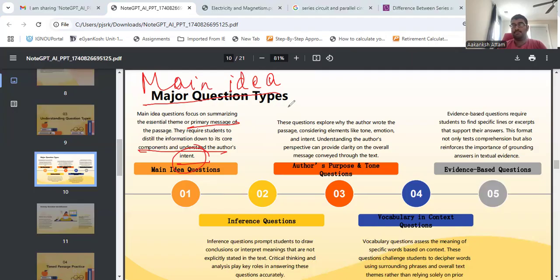Next, the type of questions you are going to encounter is author's purpose and tone questions. Let's say we take this sentence: market is volatile. While speaking, we can easily figure out the tone.